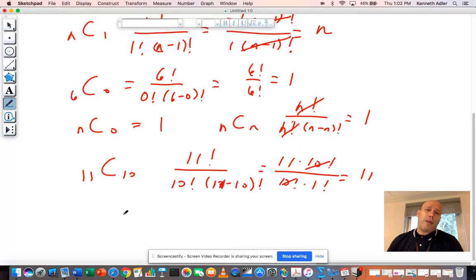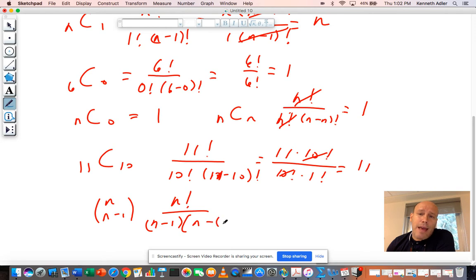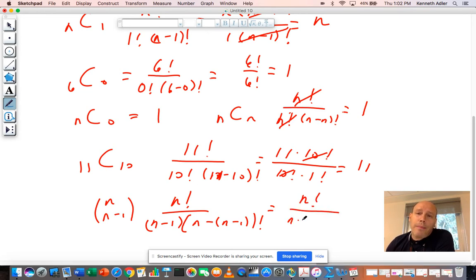It turns out that n choose n minus 1 is n factorial over n minus 1 factorial times 1 factorial.